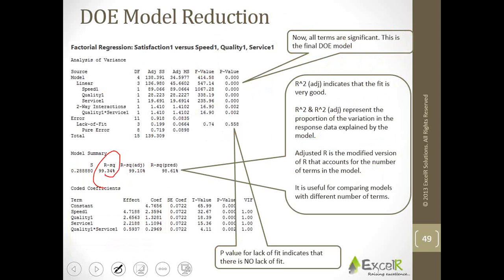Hence, you also look into those interaction effects through R-squared adjusted. And this is useful for comparing models with different numbers of terms.